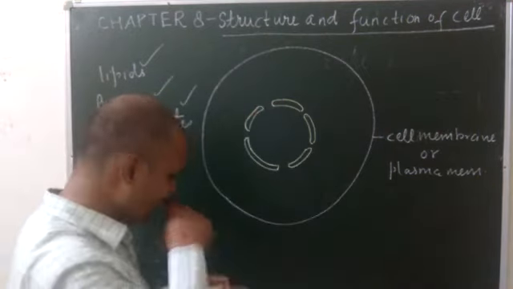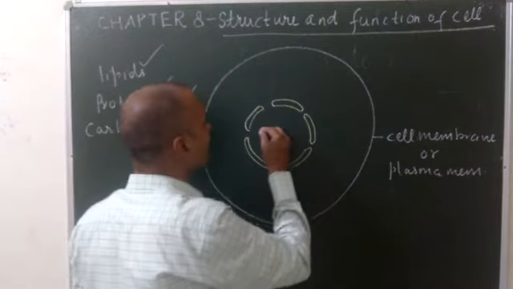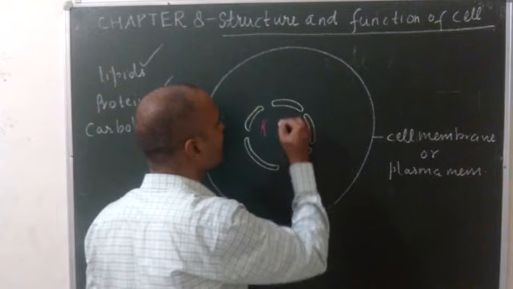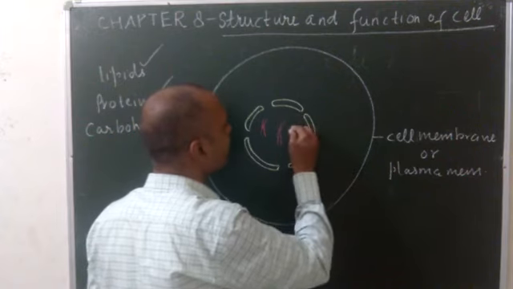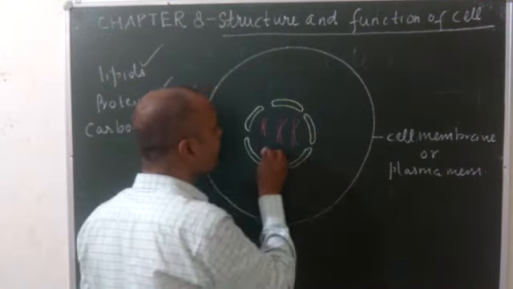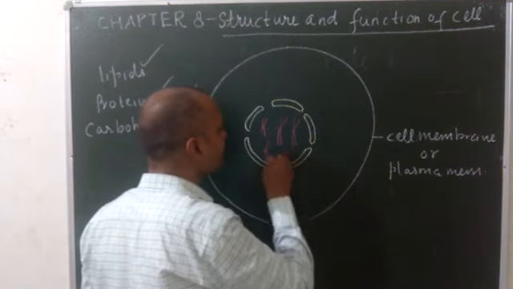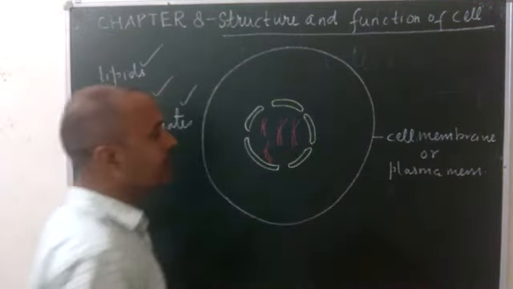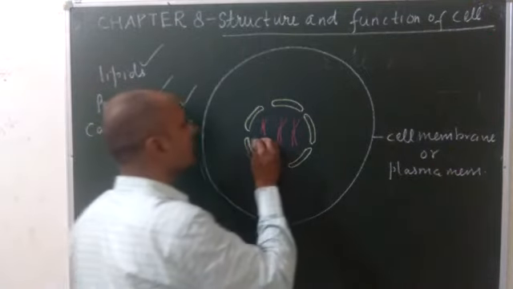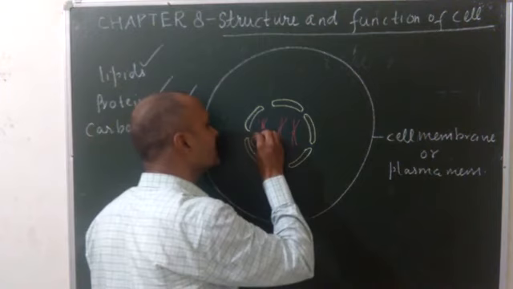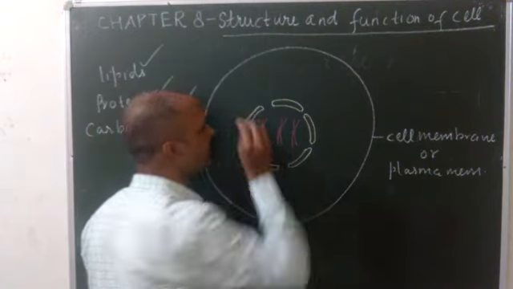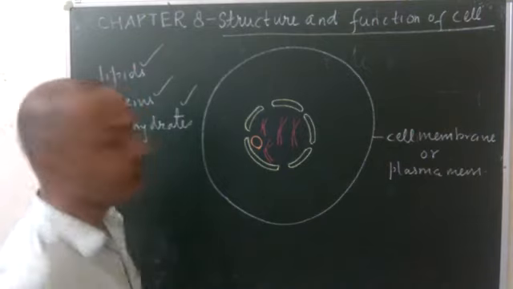Then inside the nucleus there are very fine thread-like structures known as DNA chromosomes. This nucleus also contains a spherical structure inside, known as the nucleolus. This is the nucleolus, a round body inside the nucleus.